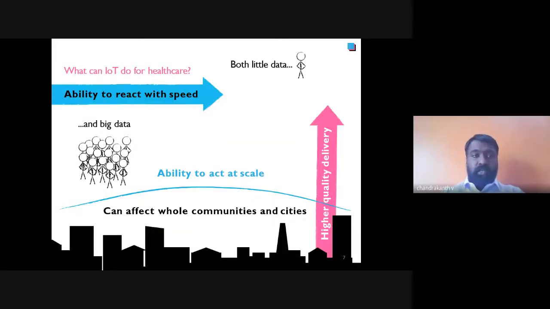So what is the idea of this IoT in healthcare? What can it do? Basically, the main impact of this is the ability to react with speed. With as much data as we have from the patients, collect and analyze, most of the diagnostics could be done over the internet only, and the analysis could be done much faster.